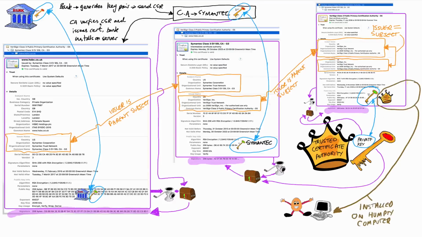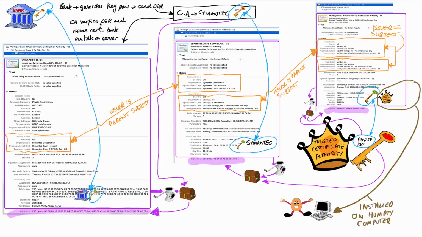Then, just as an extra safeguard, it will sign that certificate signing request with its own private key. Hopefully you guys are familiar by now with what I mean when I say sign. I'll just go over it in 20 seconds.